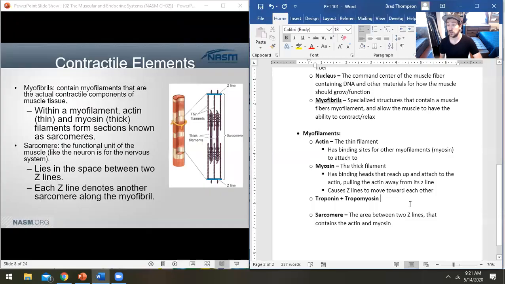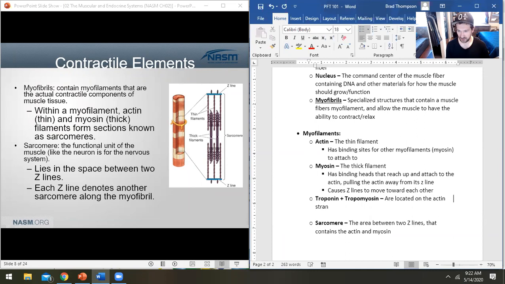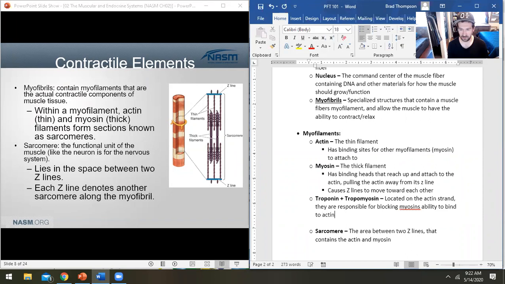But these are there to block, right? So they are located on the actin strand. Located on the actin strand, they are responsible for blocking myosin's ability to bind to actin.